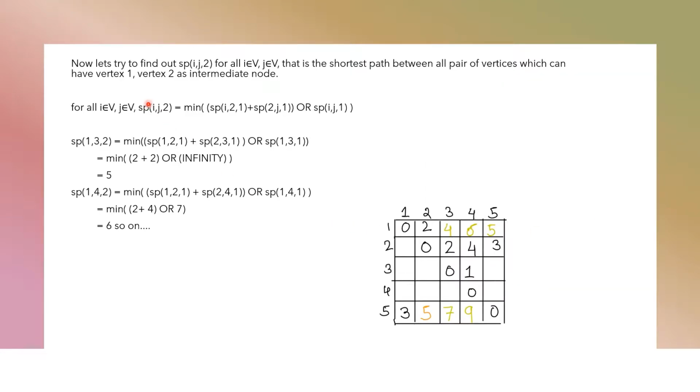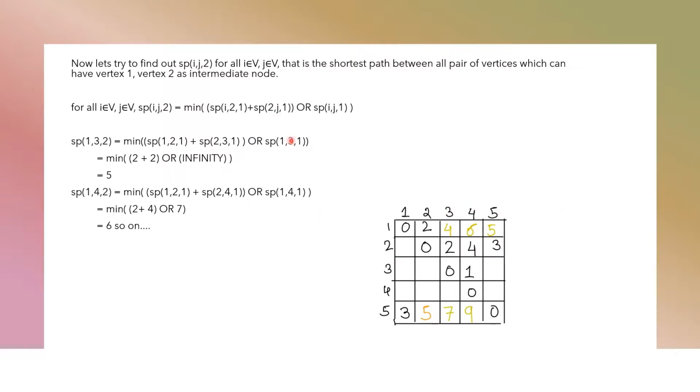Going forward, now we are finding sp ij of 2, the shortest path which can have vertices 1 and 2 as intermediate nodes. Similarly, what we did before, we are doing here as well. So 1, 3, 2 and 1, 4, 2 we are finding, and we are getting 5 and 6 here, and similarly we are filling the other cells.